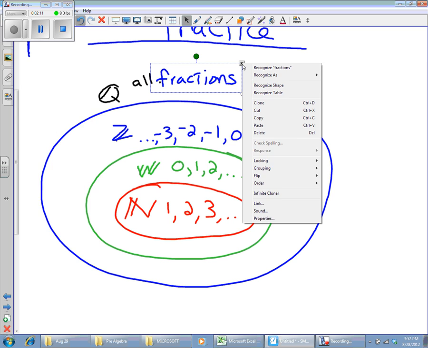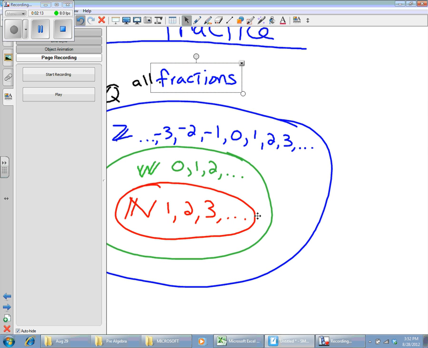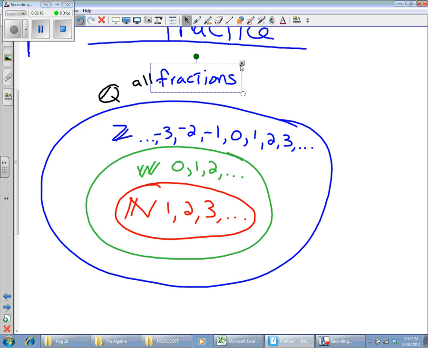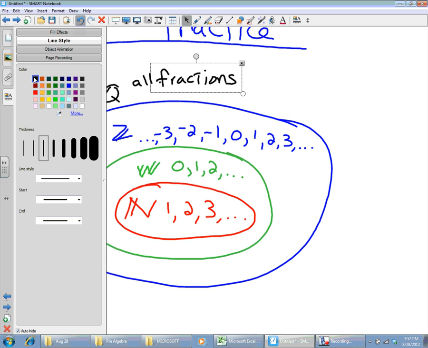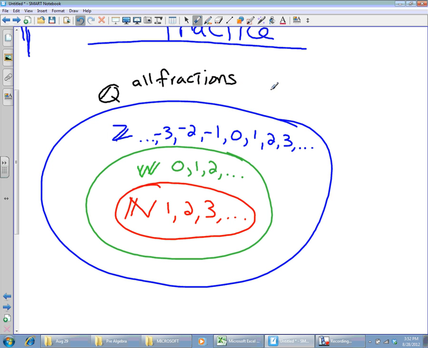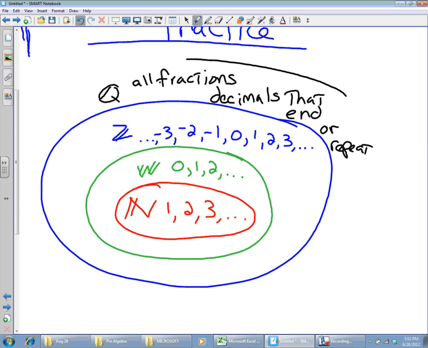And also decimals, if they did one of 2 things: decimals that end or repeat. Right?